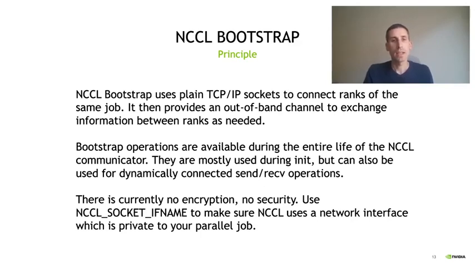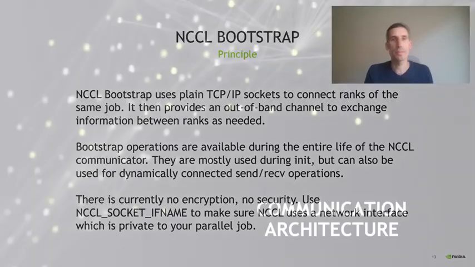And so it is assumed that we can use a network where we can freely connect between the different processes of a parallel job in a way that is not public. So, for example, if you're running in the cloud, you should definitely make sure that you're using a private network for your job, and usually use the NCCL_SOCKET_IFNAME environment variable if needed to make sure we are using the right interface for that bootstrap.